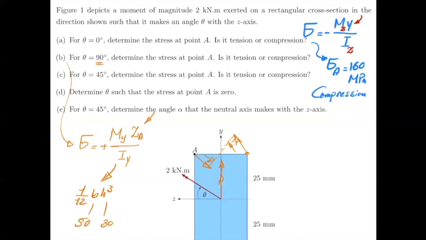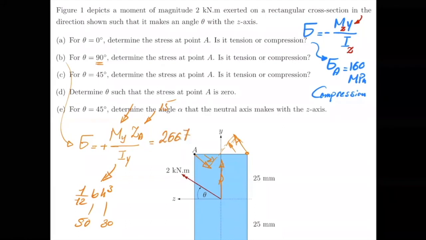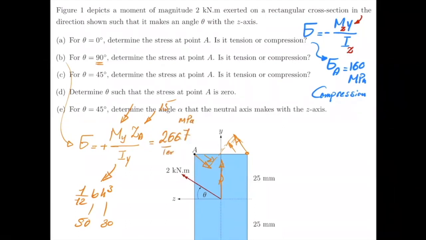So that would be 15 millimeters. And M is again 2 kilonewton meters. So if you do that, you would have 266.7 megapascal, and that would be tension. Okay, so this is the answer to part B.